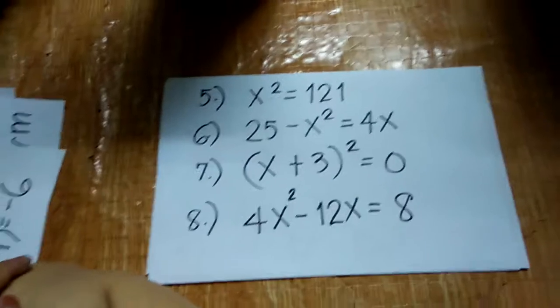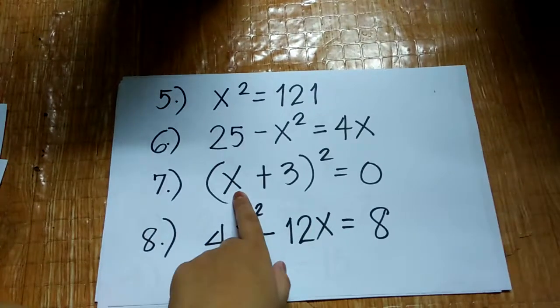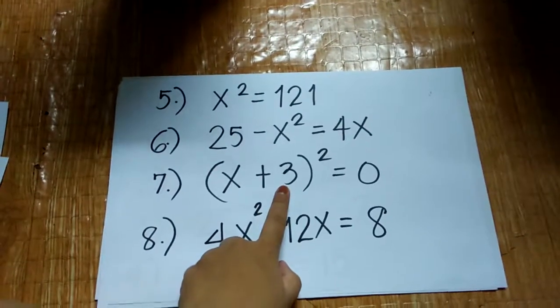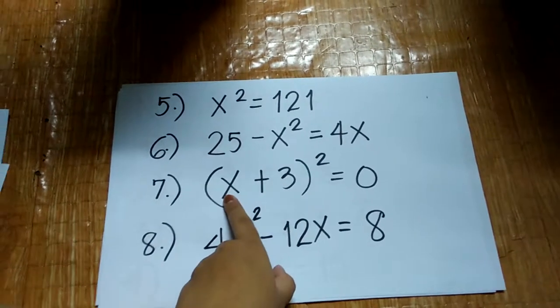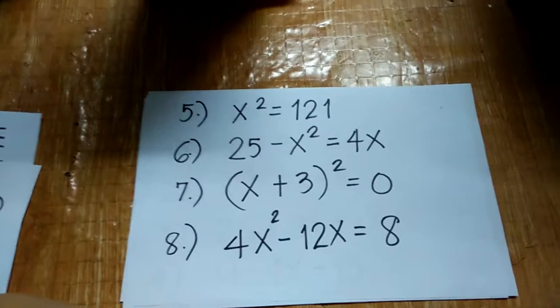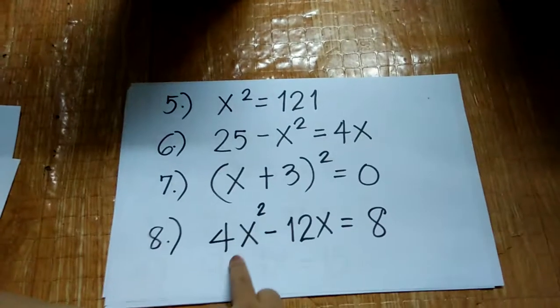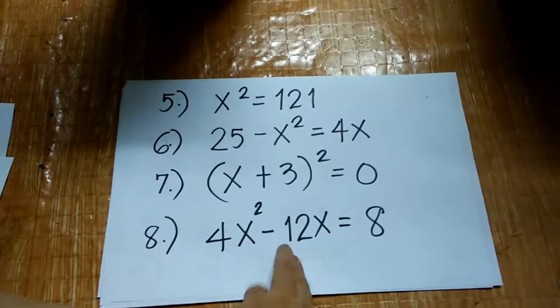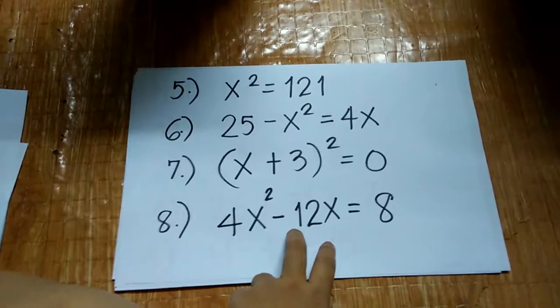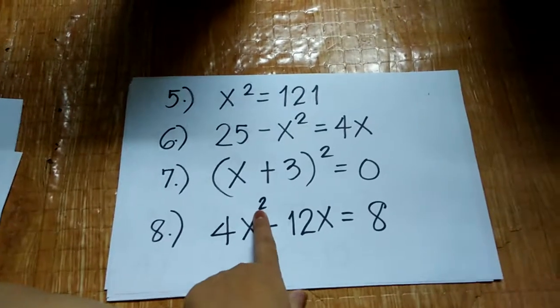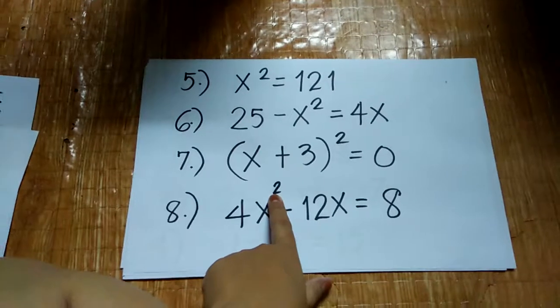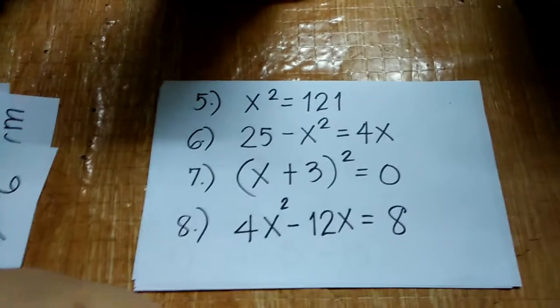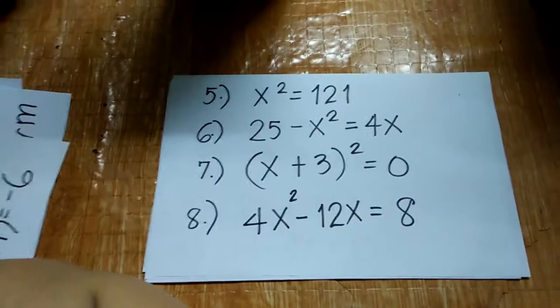Obviously, naalala ninyo kapag kinuha natin yung product or in-square natin tong x plus 3, magiging x squared siya. Mamaya ipapakita natin. And then the last example is 4x squared minus 12x is equals to 8. Again, this is a quadratic because of this exponent, 2.